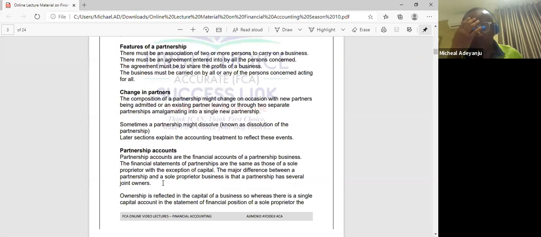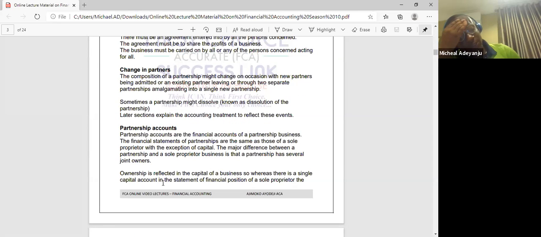So there are also types of partners in partnership accounts. We have the active partner, the sleeping partner, the partner by estoppel, and the nominal partner. There are several various types of partners.